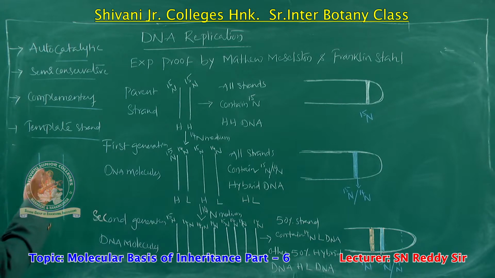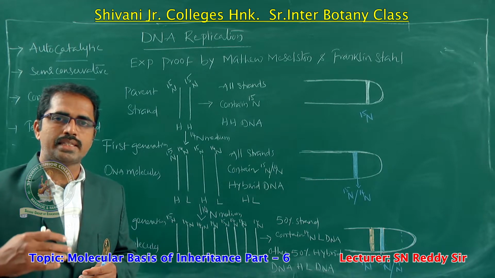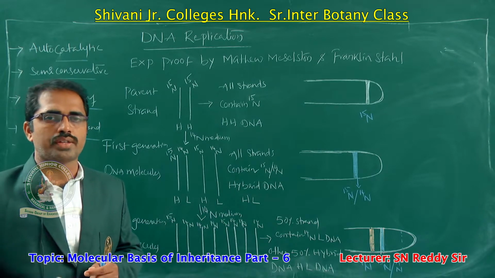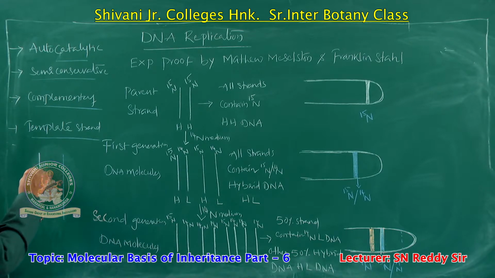In the replication mechanism, the two strands have the capability to synthesize a new strand, or daughter strand. This is the template strand manner. These are the two parental strands. When these strands separate, each strand will synthesize a new DNA strand like this.